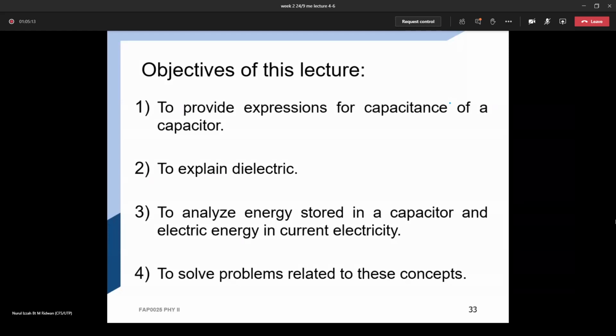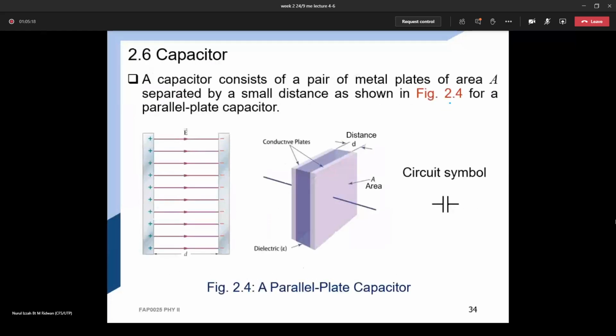So let's see how to calculate the capacitance. First of all, a capacitor consists of a pair of metal plates of area A, separated by a small distance in between the metal plates. This is what you call the parallel plate. So for a capacitor to be used in the circuit, it must have a certain area.